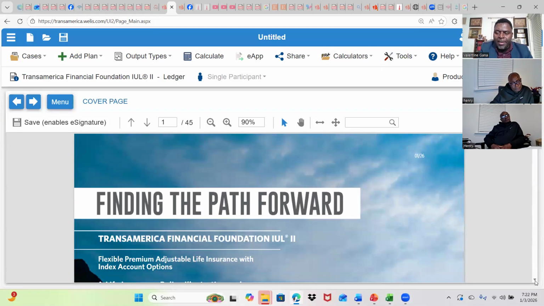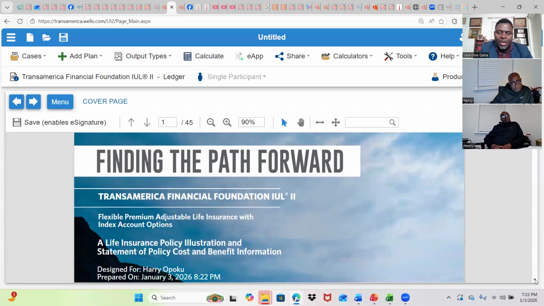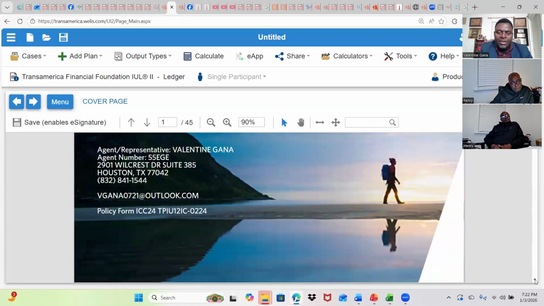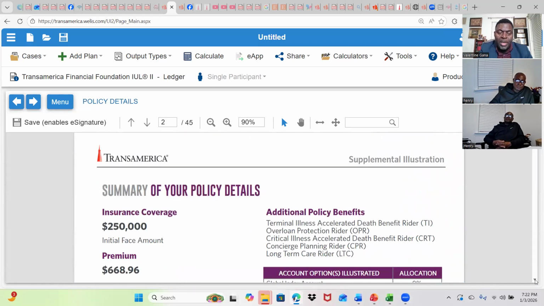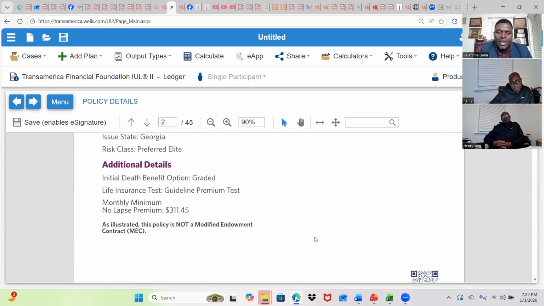So as you see here, again, when we get into our 50s, we don't pay as cheap as people in their 30s would pay. So here, for a $250,000 policy coverage, you have a monthly premium of $668. Now, if you look at the bottom here, there's something called the minimum no lapse, which is $311.